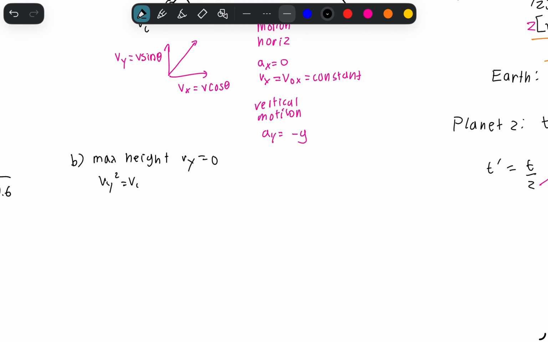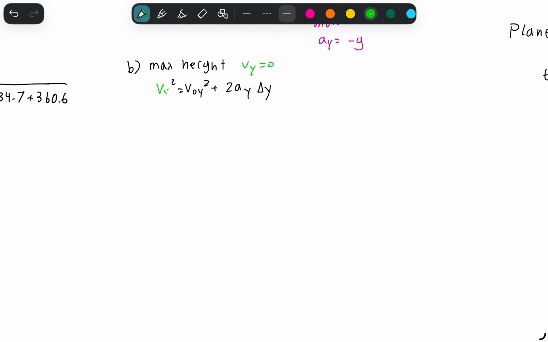So let's just highlight this in another color. We have Vy is equal to 0, so we can plug that in. 0 squared is just 0. Then we have V initial y squared minus 2 times our acceleration in the y direction, which again was equal to g here.